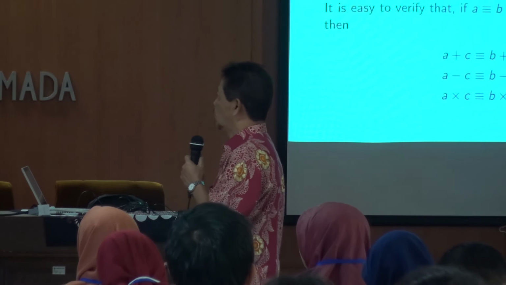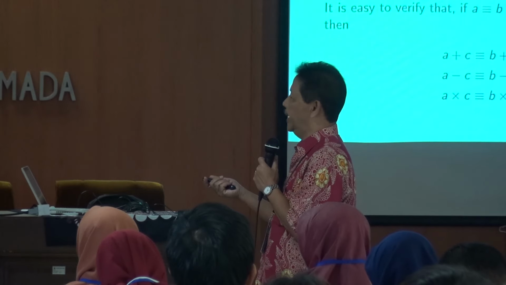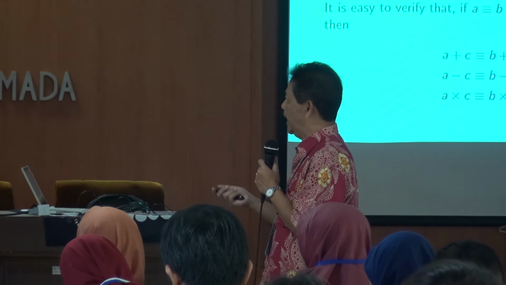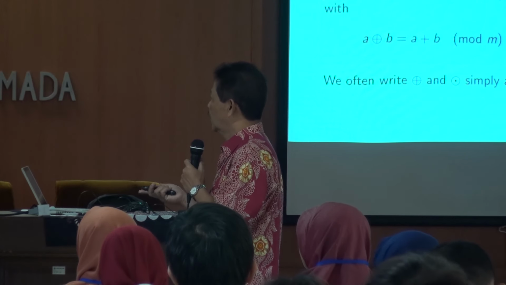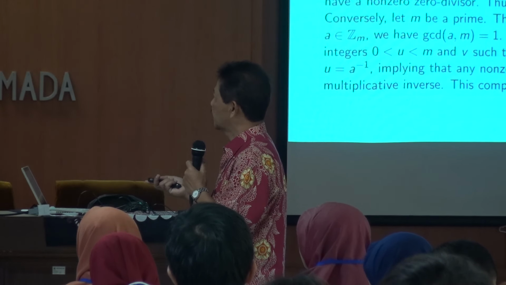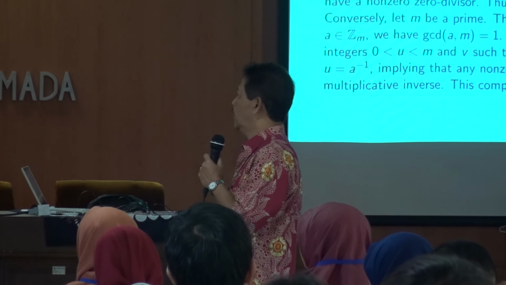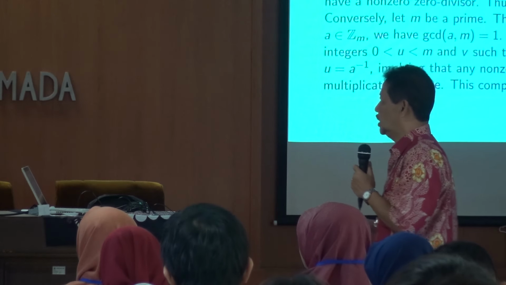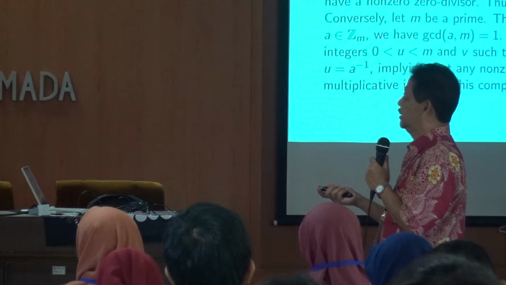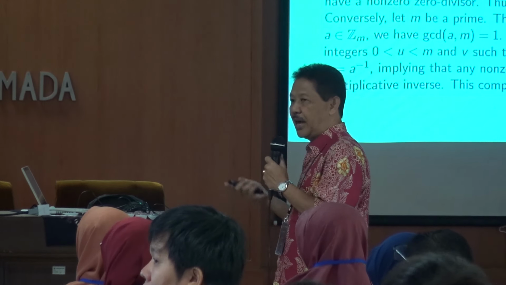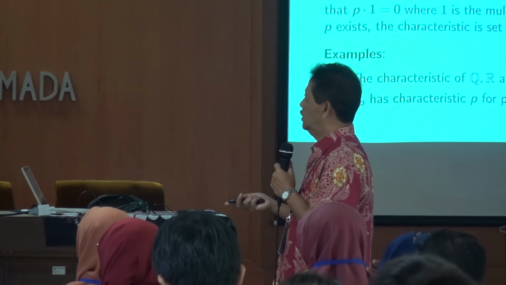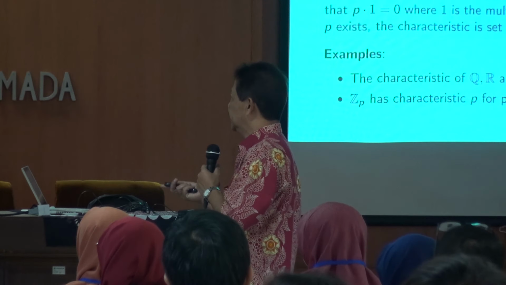This is modular arithmetic, that is Zm, the integers modulo m. And this is the relation of ring and the integers modulo m. Zm is a field if and only if m is prime. And then the characteristic of a ring.